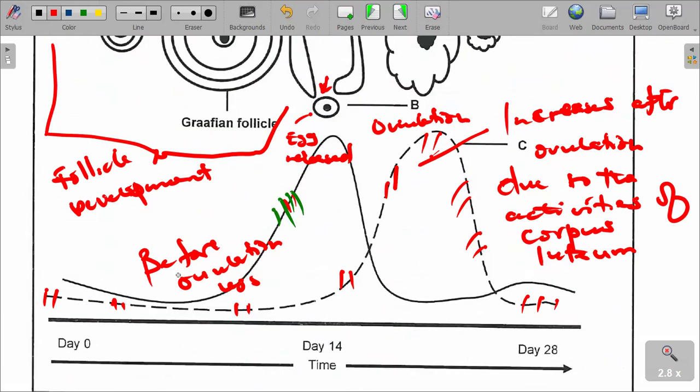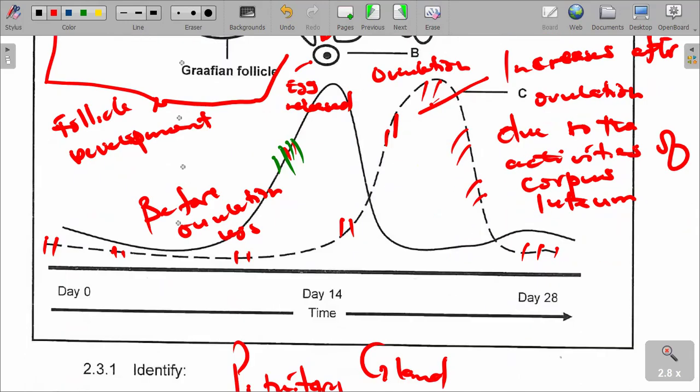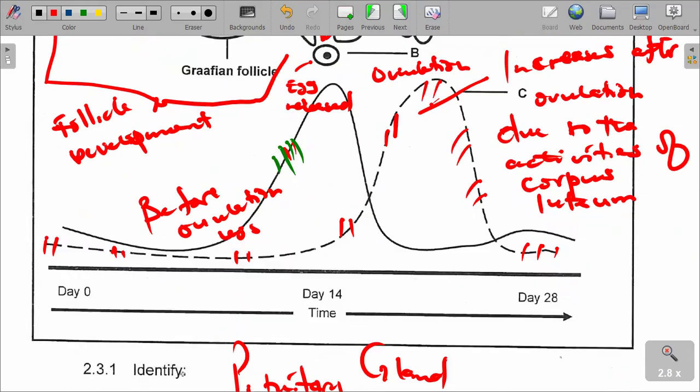We see a decrease in the progesterone level, which indicates that from day 21 to 28, or certain days around 21 to 28, there is a decrease in progesterone level, and also there is no sustenance of endometrium. Endometrium is not maintained.